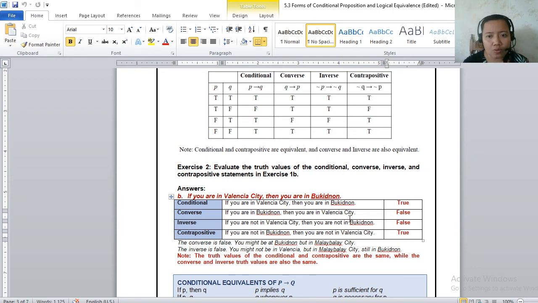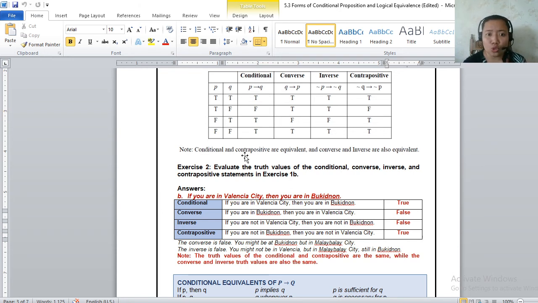False is the answer. And then inverse, if you are not in Valencia City, then you are not in Bukidnon. False also is the answer. And then the contrapositive, if you are not in Bukidnon, then you are not in Valencia City. So the answer is true.